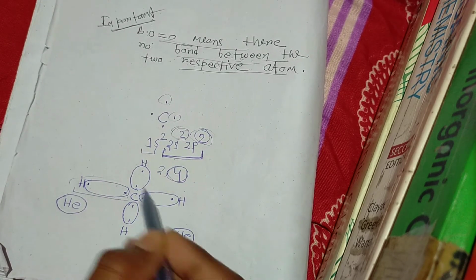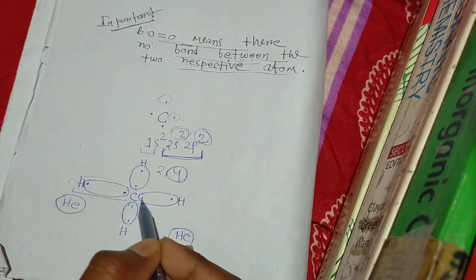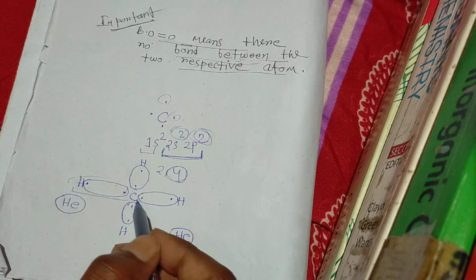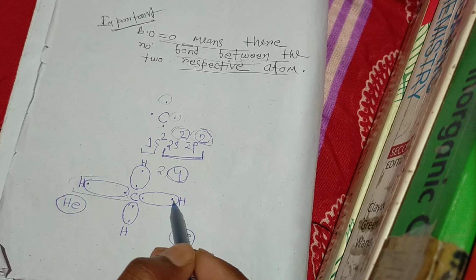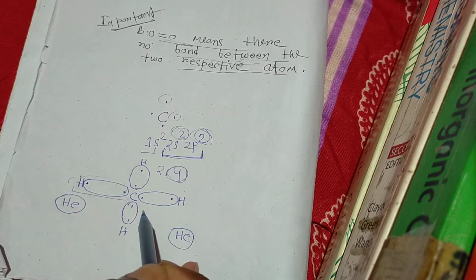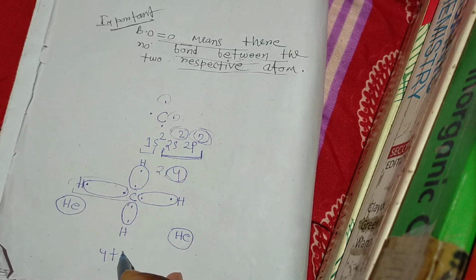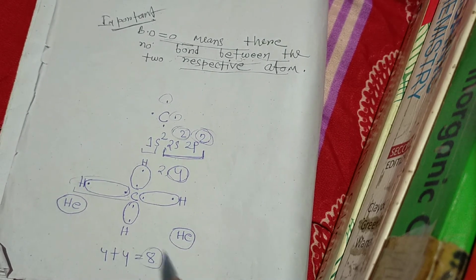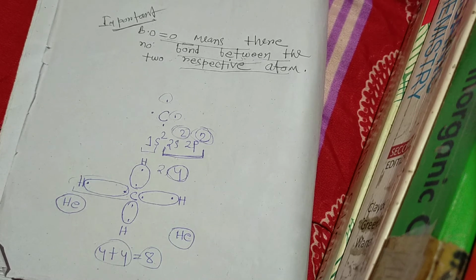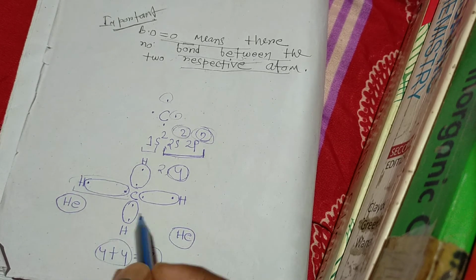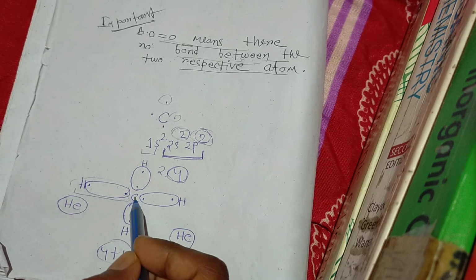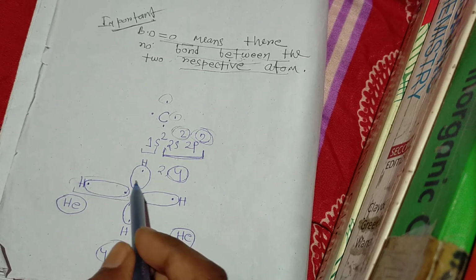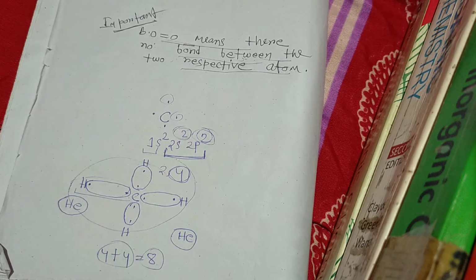So obviously carbon also fulfills its octet. Its four electrons are shared, and it also accepts four electrons from four different hydrogens. So obviously 4 plus 4 fulfills its octet. That's why I want to say carbon is obviously bonded with four different atoms. So that's my point.